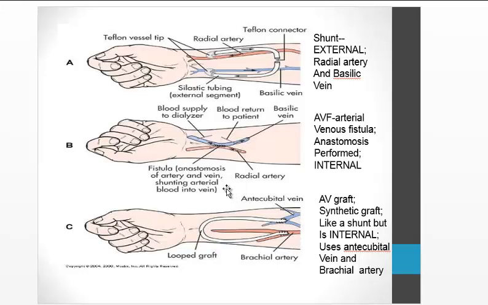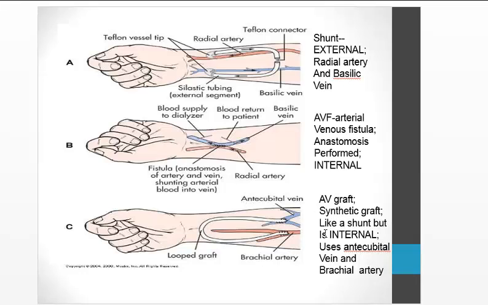With this type of AVF, the radial artery and the basilic vein are anastomosed during surgery, and so this is all internal. The blood is basically pulled off in the same manner that an external shunt is.